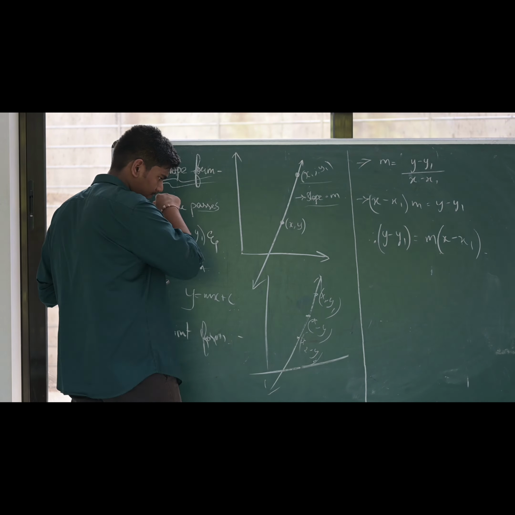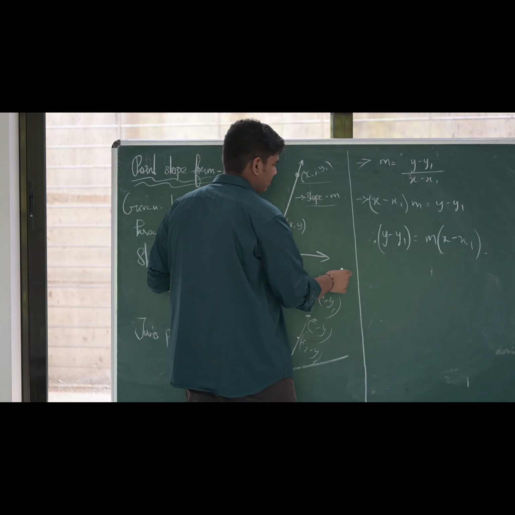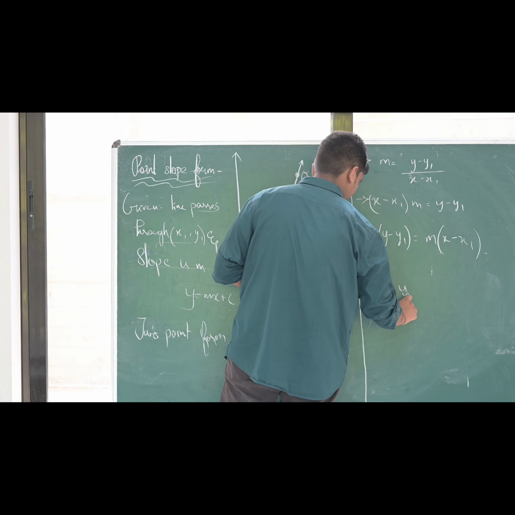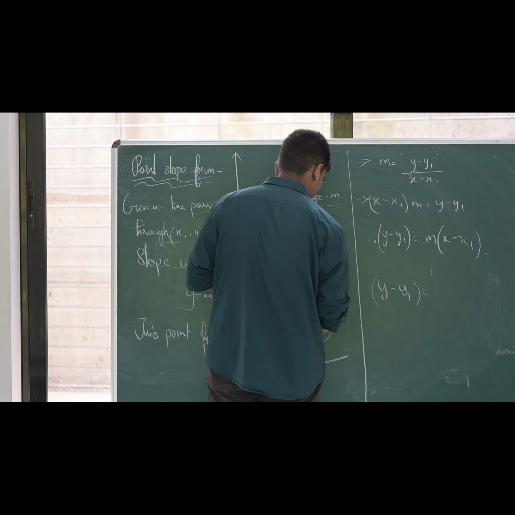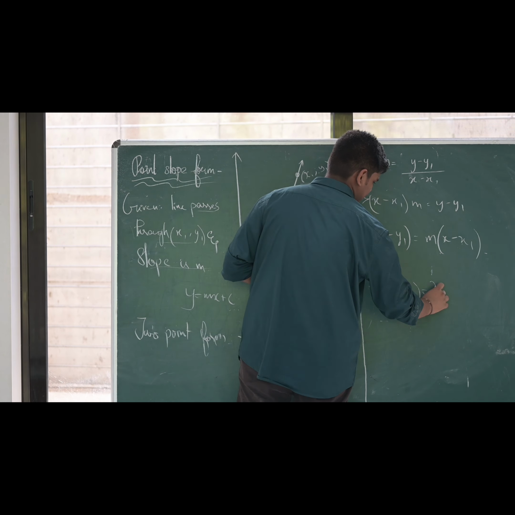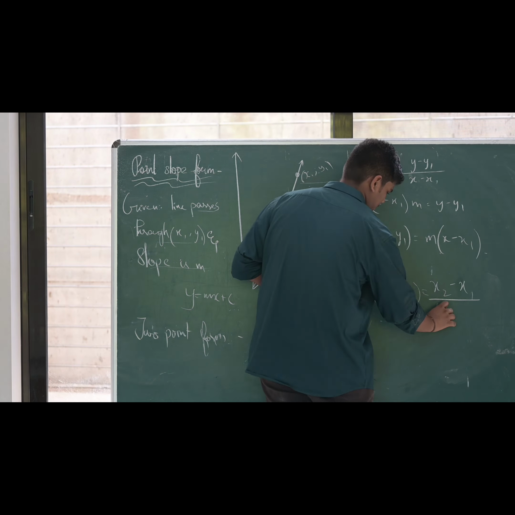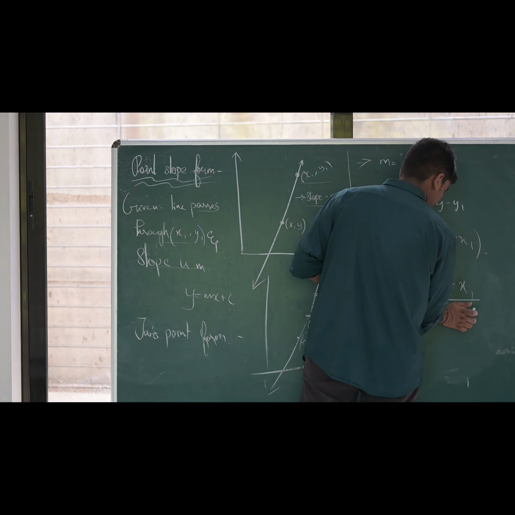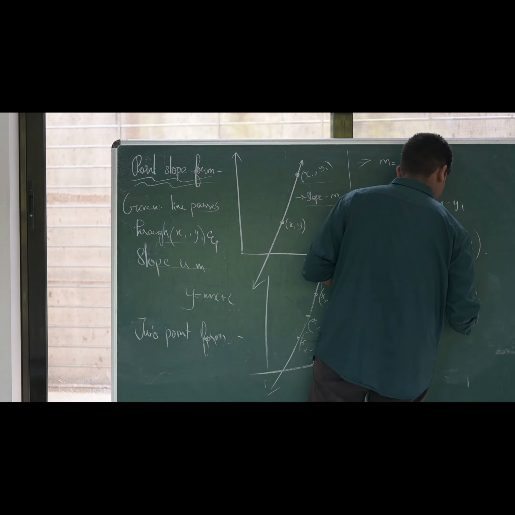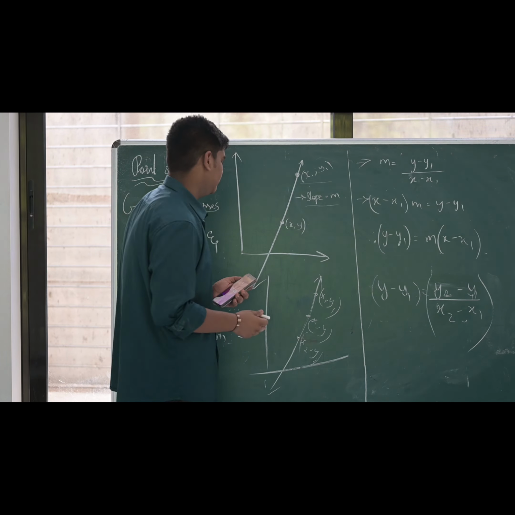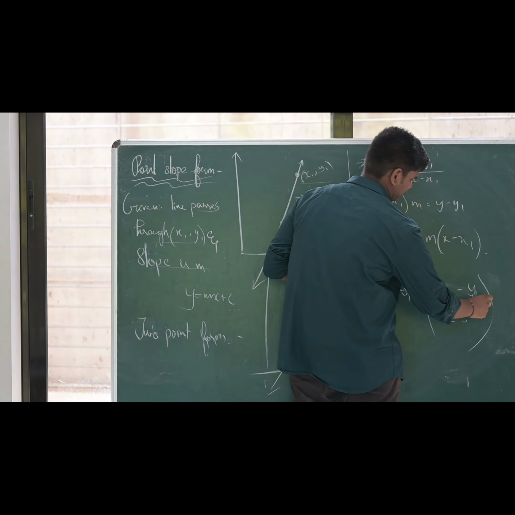Find the equation of the line. Now use this formula here. You have y minus y1 is equal to the slope between two points, y2 minus y1 by x2 minus x1, change in y by change in x, times x minus x1.